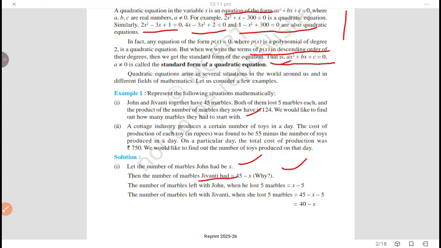The number of marbles left with John when they lost 5 marbles is x minus 5. The number of marbles left with Giovanni when she lost 5 marbles is 45 minus x minus 5. That is 45 minus 5 is 40, so 40 minus x.